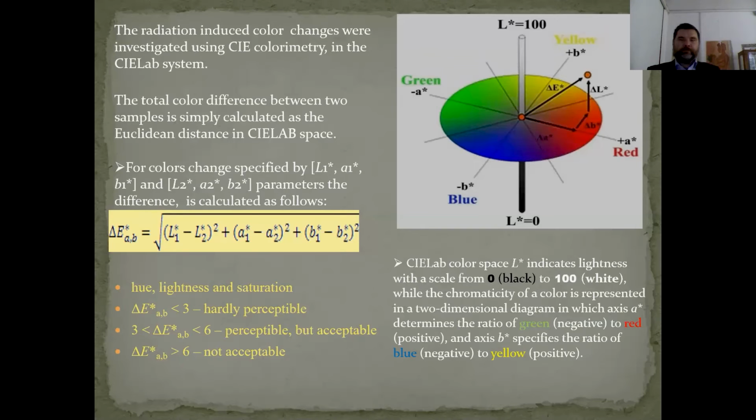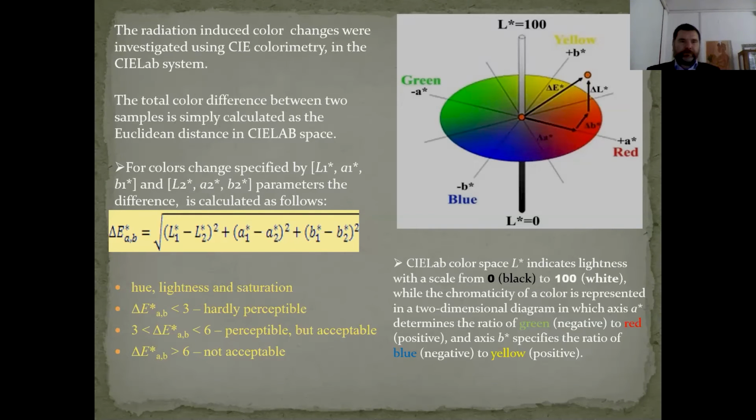The total color difference between two samples is simply calculated by a well-known equation. The L, a and b parameters are calculated from the spectrophotometer, and then the total difference delta E was calculated from this equation.